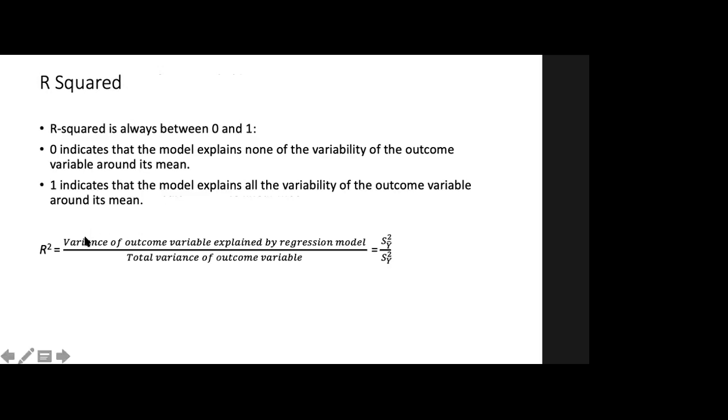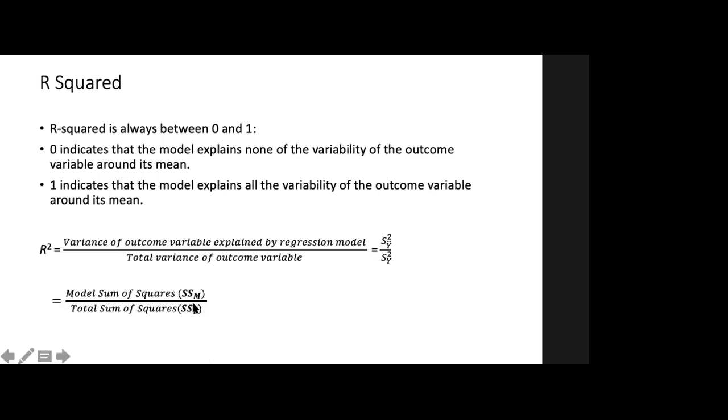That is just written down in words: the variance of the outcome variable explained by the regression model over the total variance of the outcome variable. In mathematical terms, it's the variability of our predicted values, the y hats. That is the average squared deviation of our predicted values from the mean of our outcome variable, divided by the total variability.